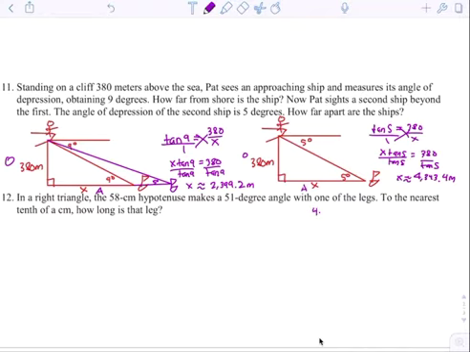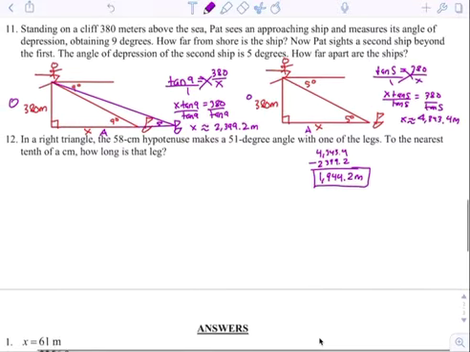So 4,343.4, subtract that by 2,399.2, and we are going to get 1,944.2 meters. That's how far the two ships are from each other. Okay, so there is that one.